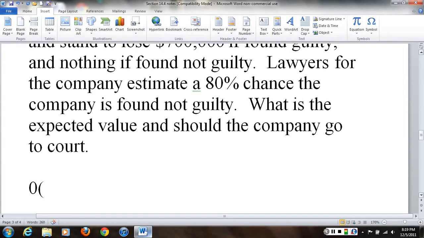Now, the probability of that, being found not guilty, they say it's an 80% chance, so 0.8. Now, to consider that with the probability that we are found guilty, in that sense we stand to lose $700,000.